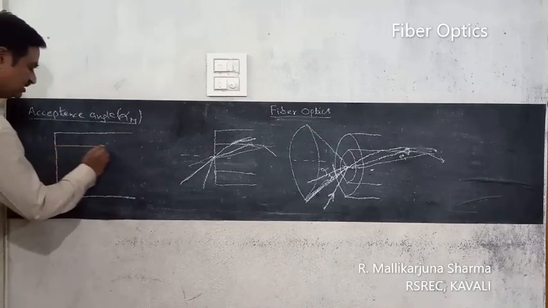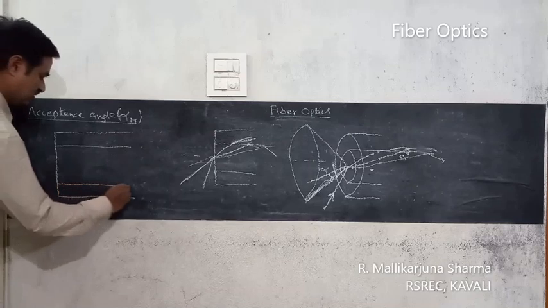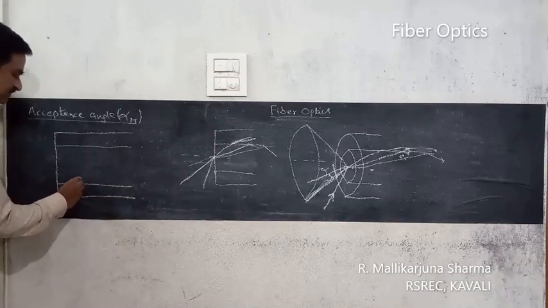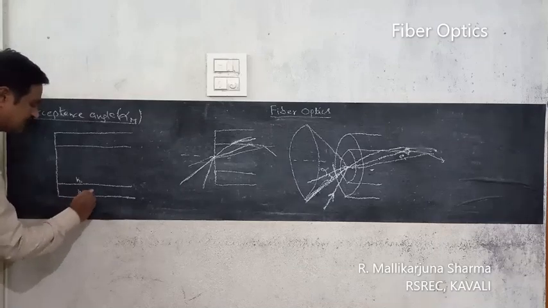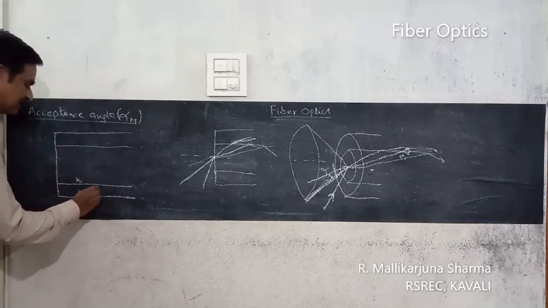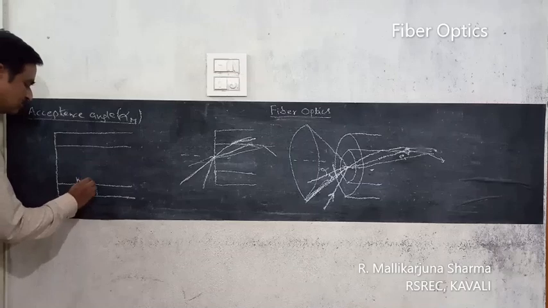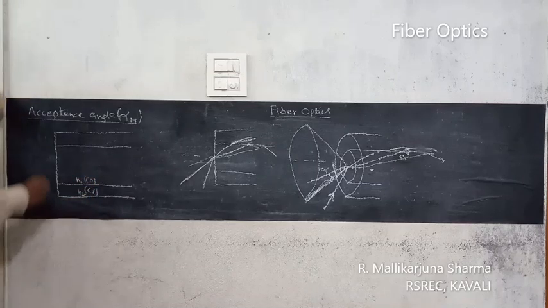This is cladding, this is core. The refractive index of the core is n1 and the refractive index of the cladding is n2. Now we take a normal here.